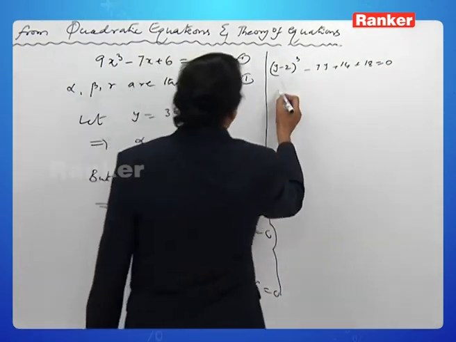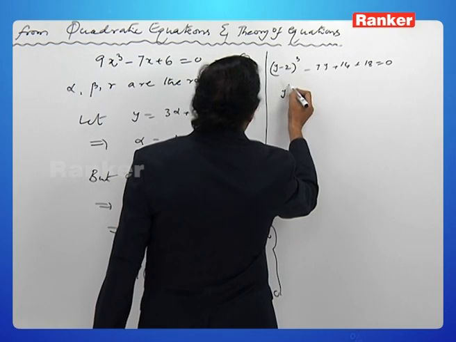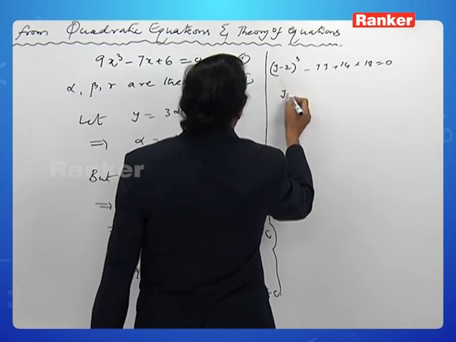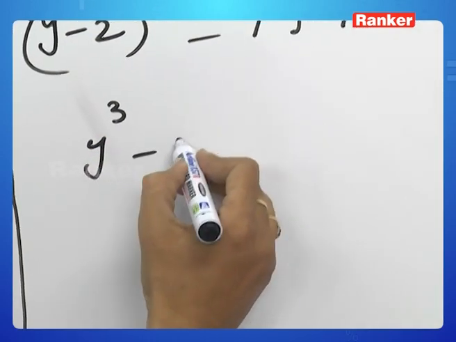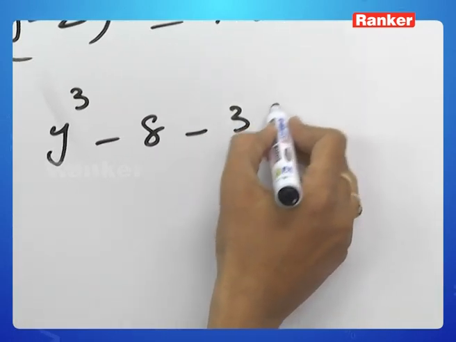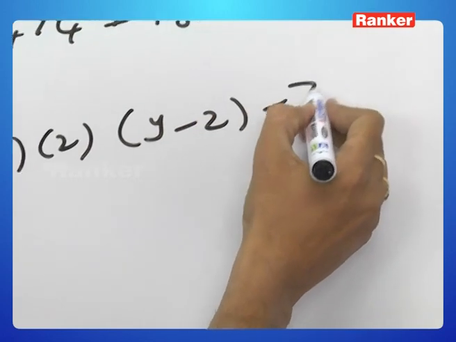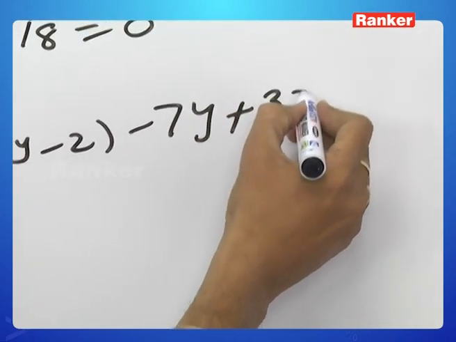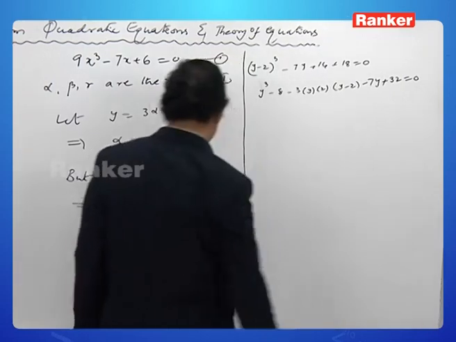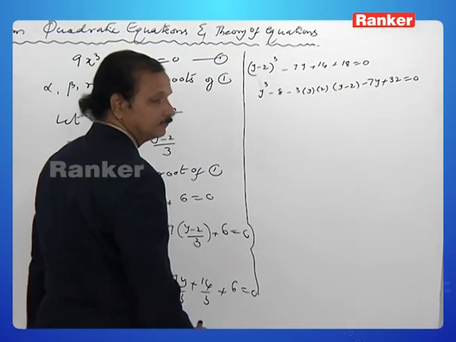What is (y minus 2) whole cube? Y cube minus 8 minus 3 into y into 2 into (y minus 2) minus 7y plus 32 is equal to 0. 14 plus 18 is 32.